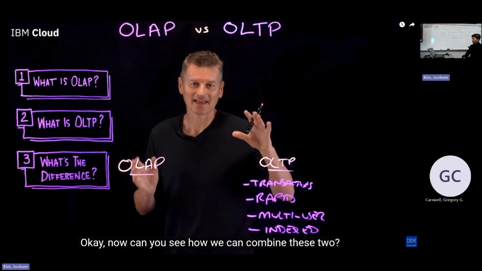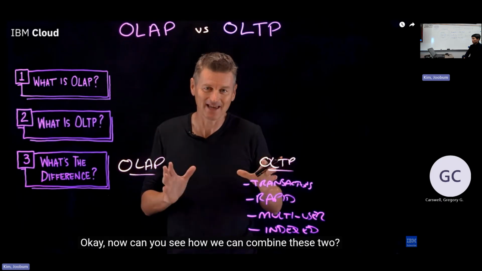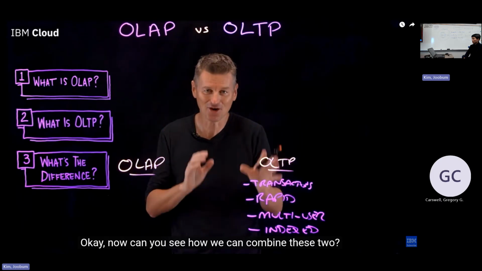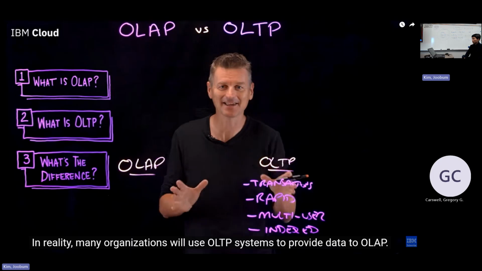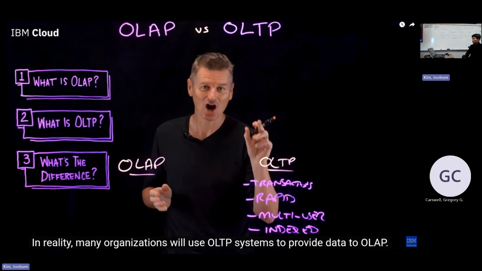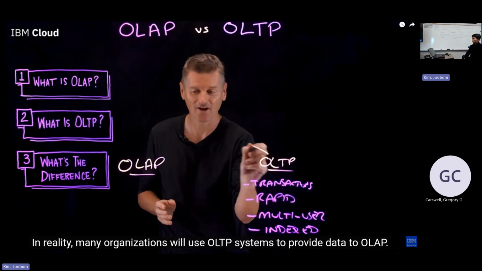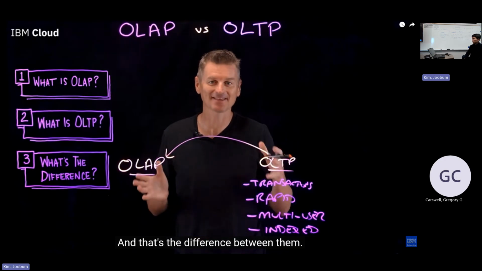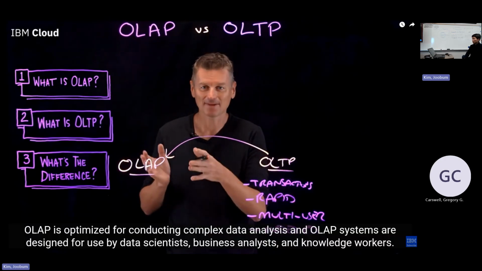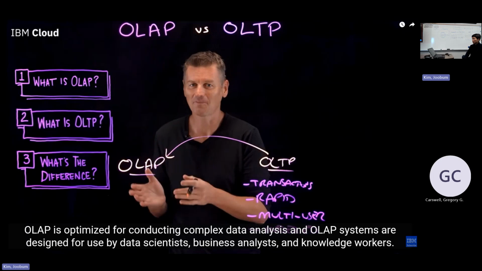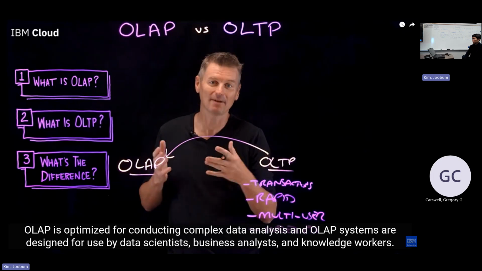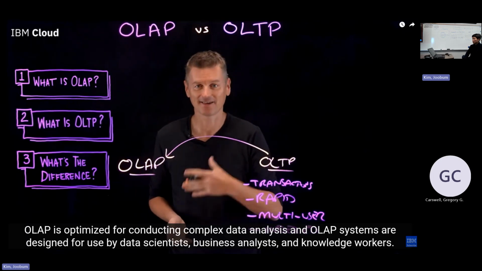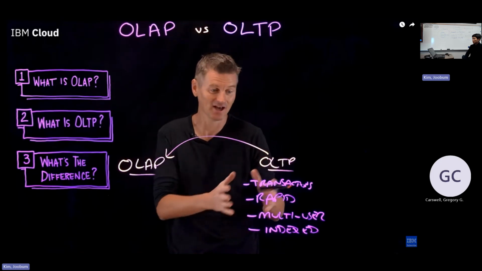Okay, now can you see how we can combine these two? In reality, many organizations will use OLTP systems to provide data to OLAP. And that's the difference between them. OLAP is optimized for conducting complex data analysis, and OLAP systems are designed for use by data scientists, business analysts, and knowledge workers.